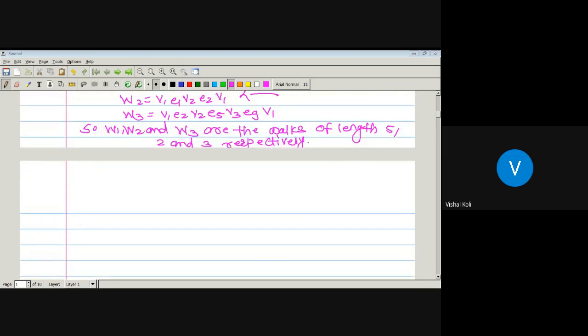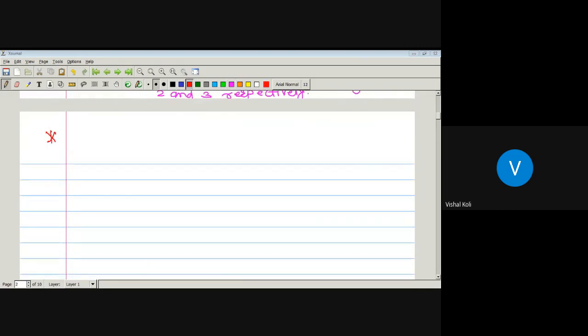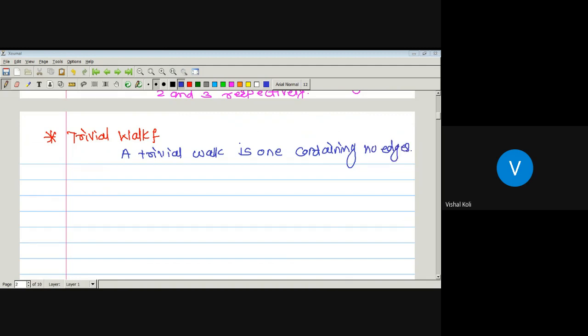Okay. Now the next definition is the trivial walk. A trivial walk is one having no edge, that is, containing no edges. If there is no edge in a walk, then the walk is called a trivial walk.